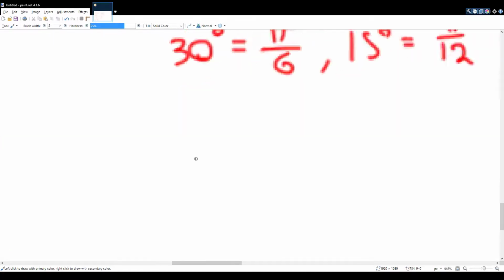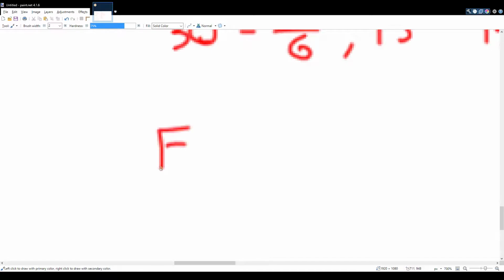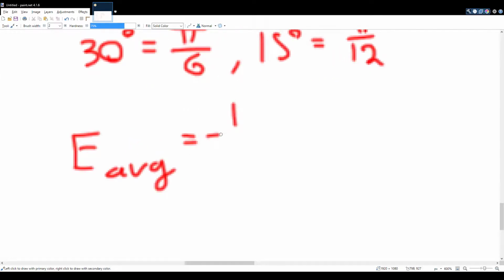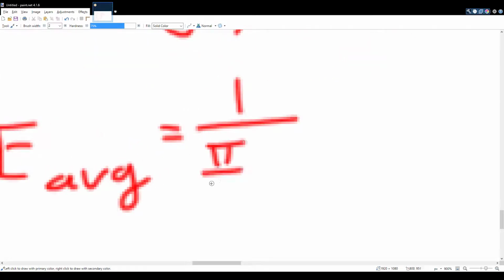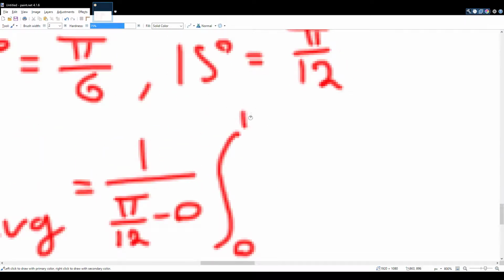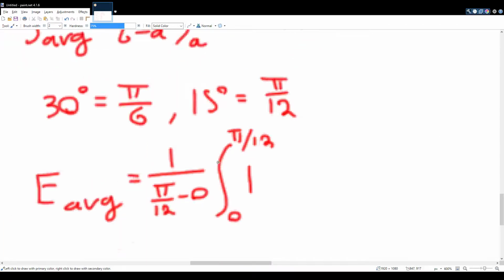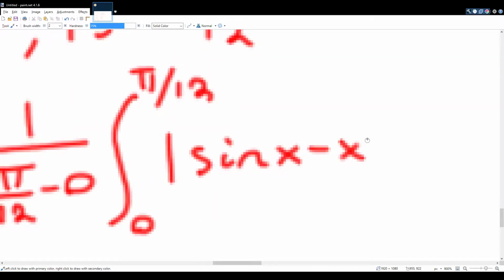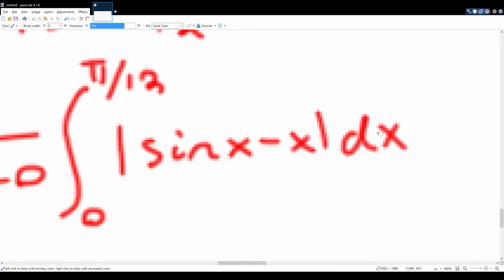So the average error, we'll call that average error E sub AVG, is going to be equal to 1 over pi over 12 minus 0 times the integral from 0 to pi over 12 of the absolute value of sine x minus x, integrated with respect to x.